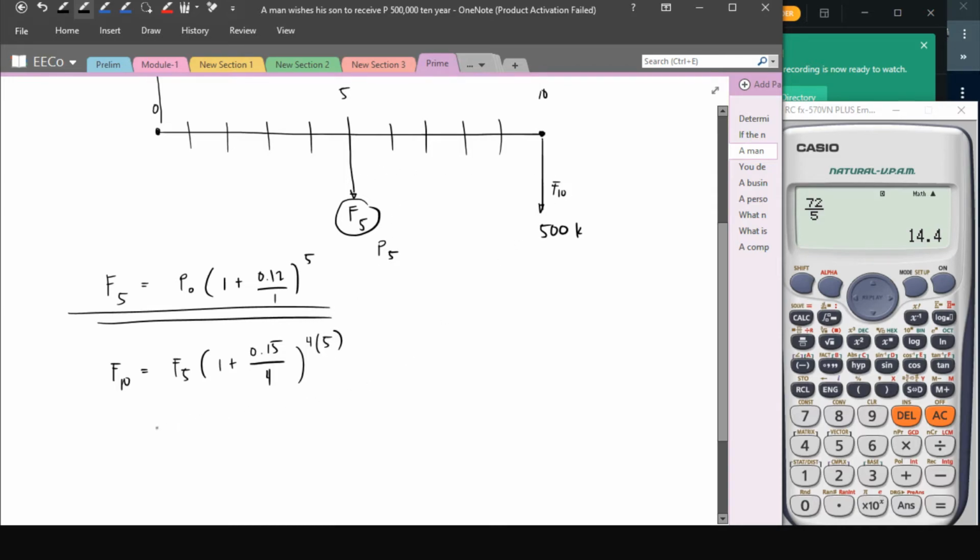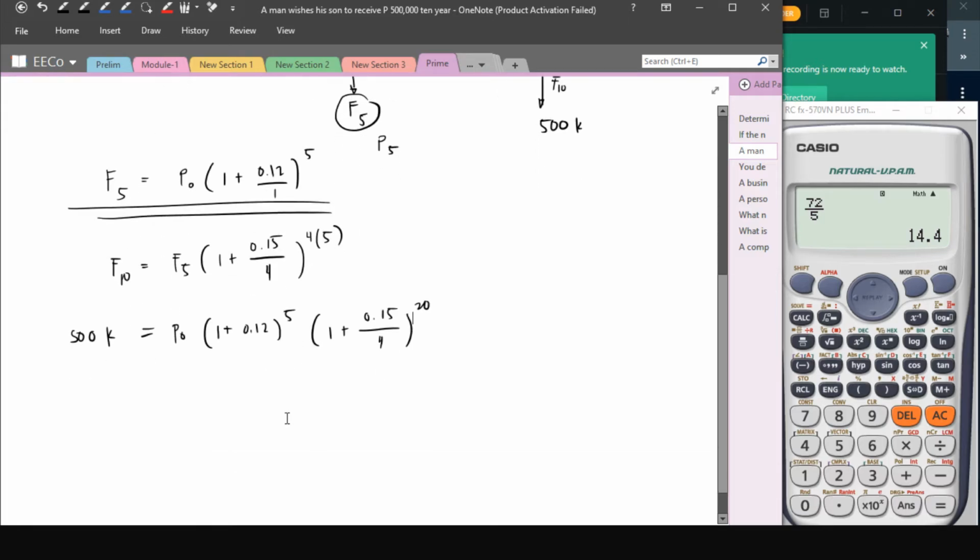So, this will become P0 kasi magiging 500K to. 500K. P0 tapos 1 plus 0.12 raised to the 5th power, multiplied to 1 plus 0.15 raised to 4 tapos 20.